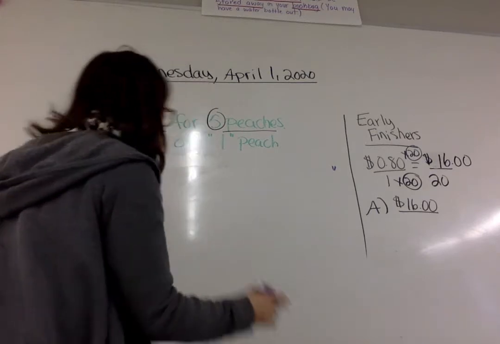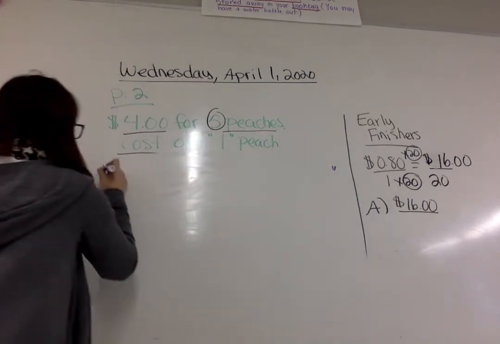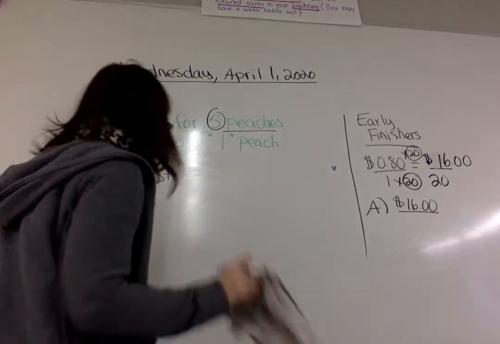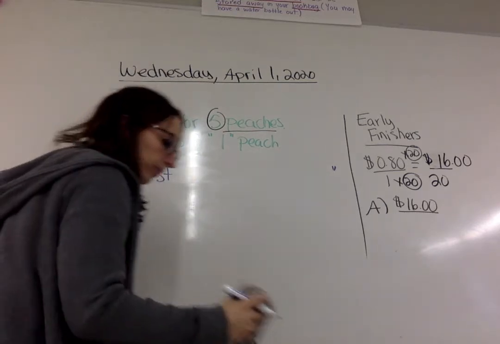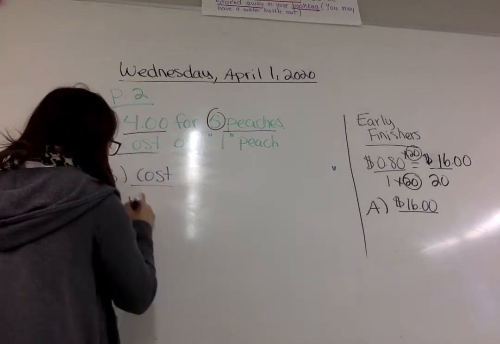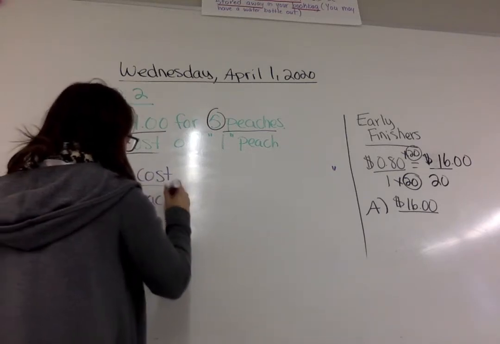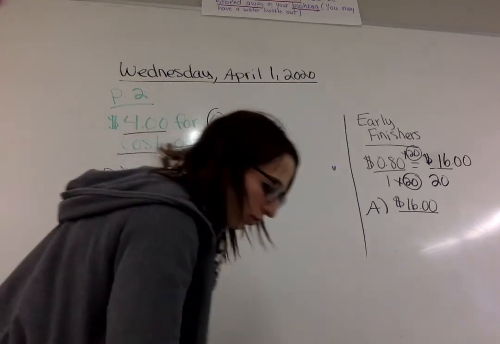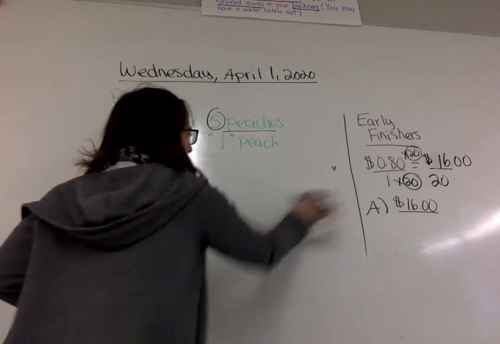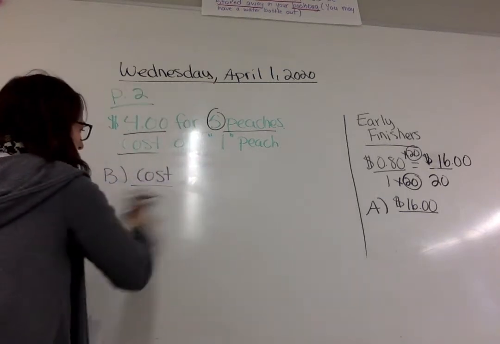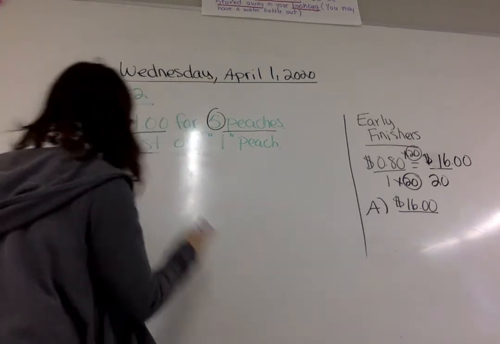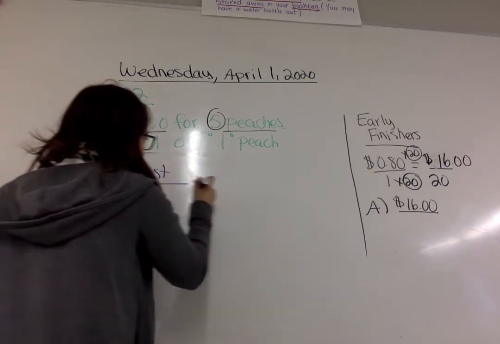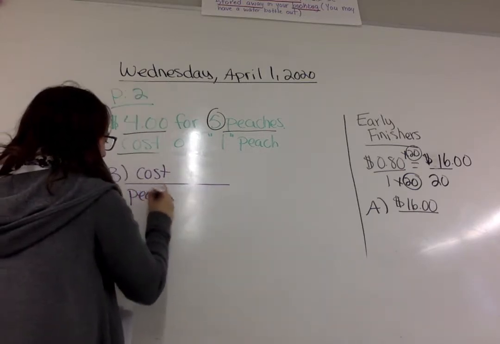So now, this is part B. We're going to have cost over peaches in a ratio table. Okay, so let me just try the board so it doesn't streak the board. So you can see what we're doing. We'll try that again. So we have cost and we have peaches.